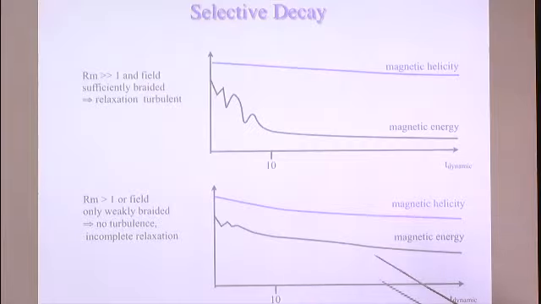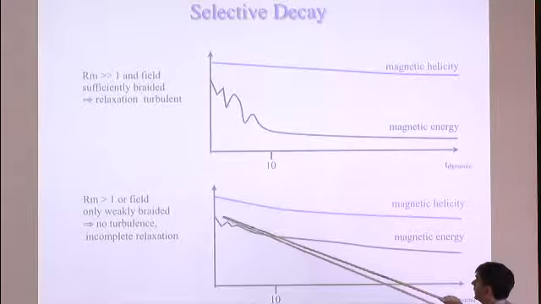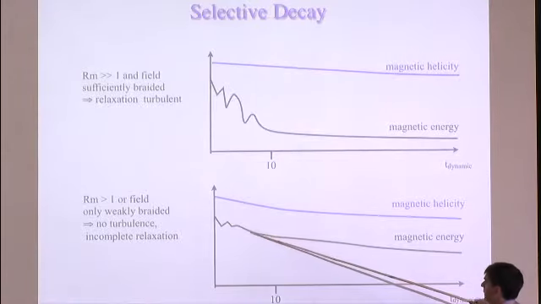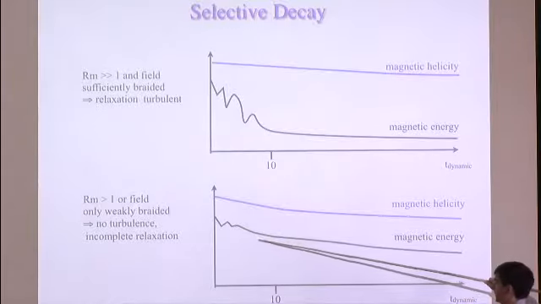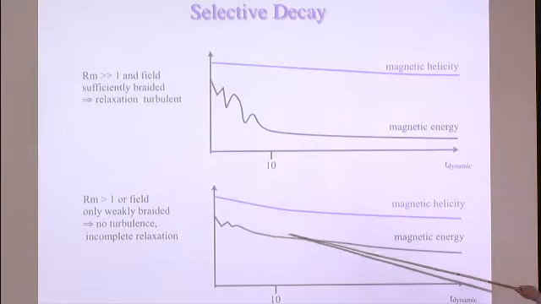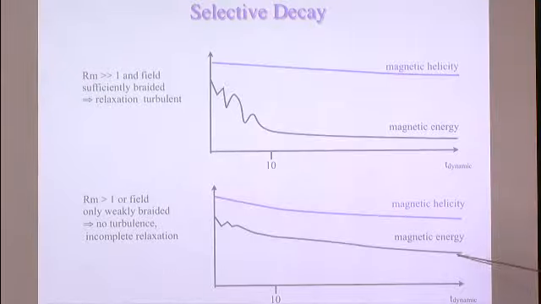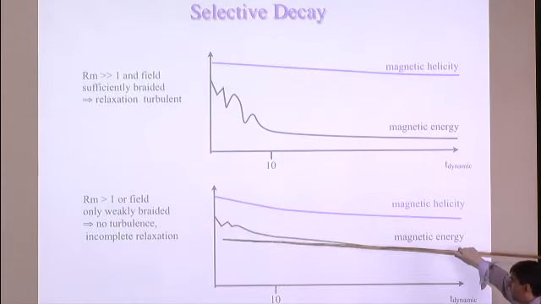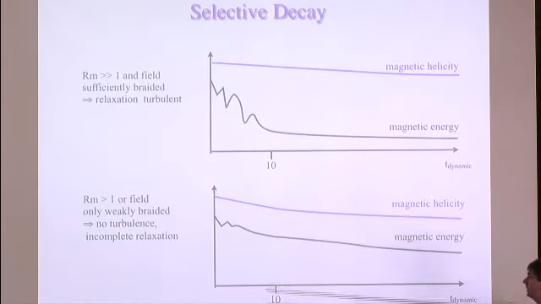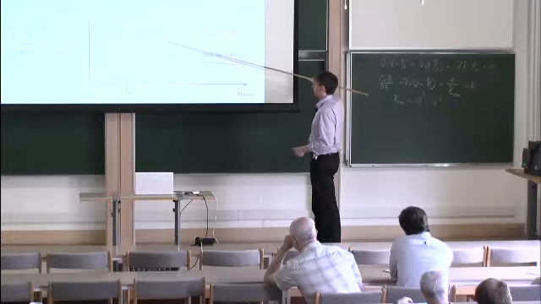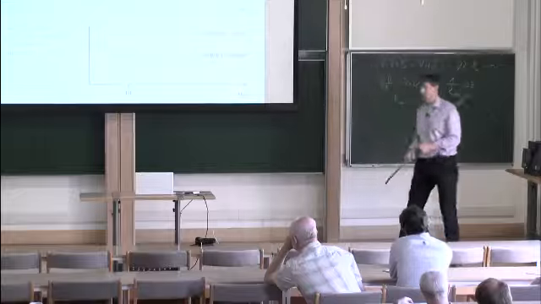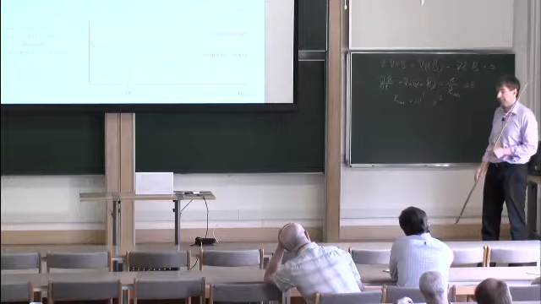And what I see then is that the relaxation doesn't really work, in the sense that I lose on this dynamic time scale only a little bit of energy, and then this slope is steeper than in this case, and I end up here with much higher values of the energy compared to the initial state. And the difference between the decay of magnetic helicity and magnetic energy is not very substantial.